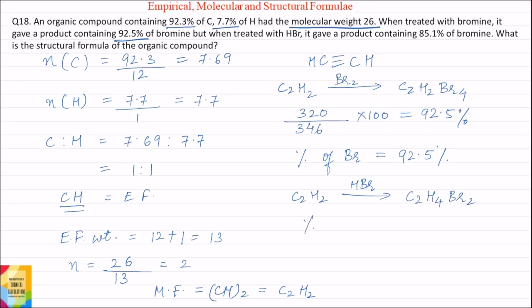Now percentage of bromine in C2H4Br2 will be weight of the two bromine atoms, that is 160 divided by molecular weight of C2H4Br2, which is 188 into 100, and this is equal to 85.1%, which is the same as given in the question. Therefore the structural formula of the given organic compound is CH triple bond CH.